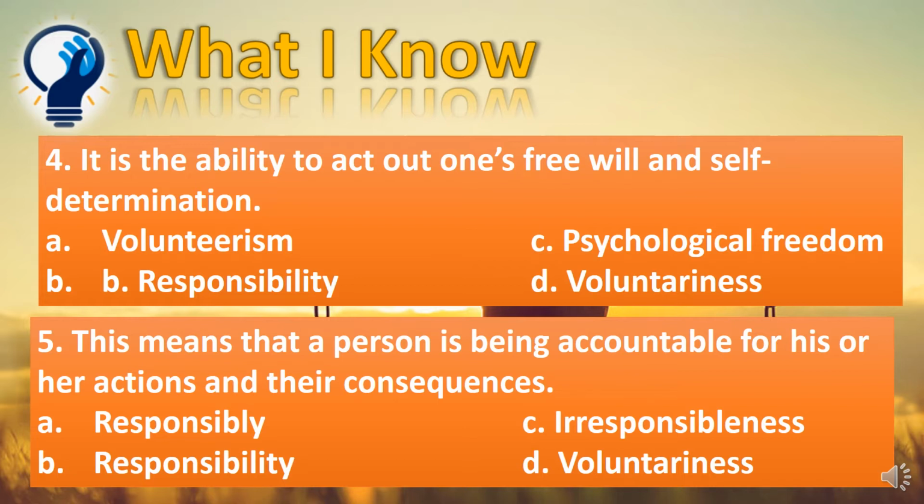Number 5. This means that a person is being accountable for his or her actions and their consequences. A. Responsibly. B. Responsibility. C. Irresponsibleness. D. Voluntariness. Yes, the correct answer is B. Responsibility.